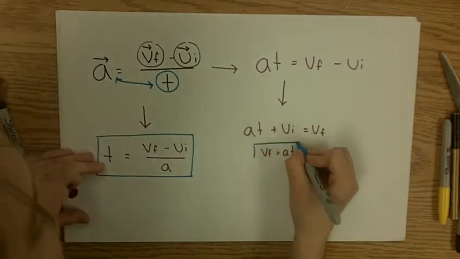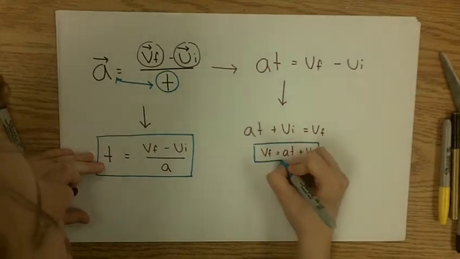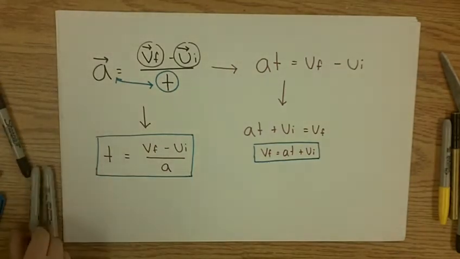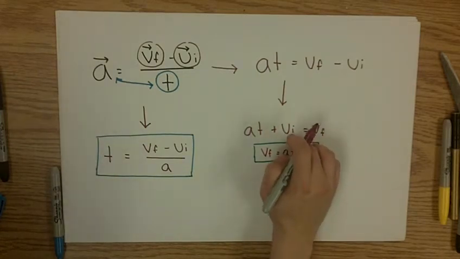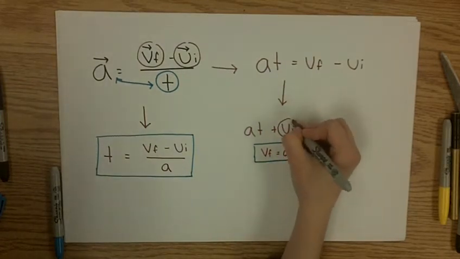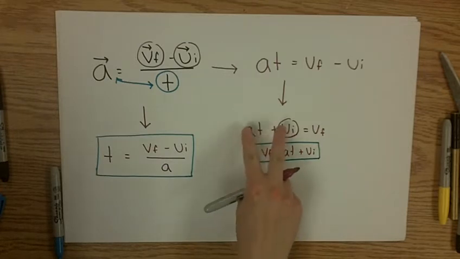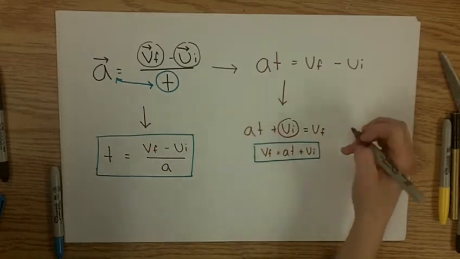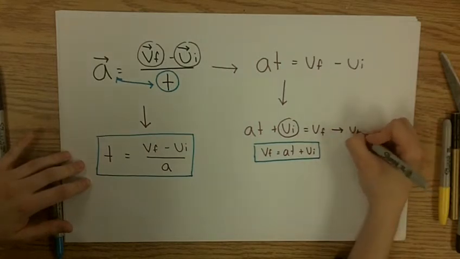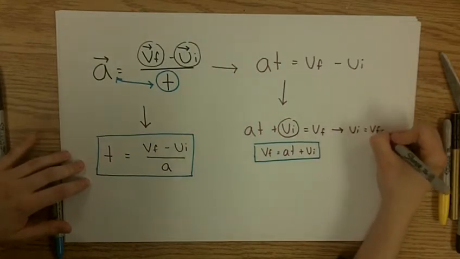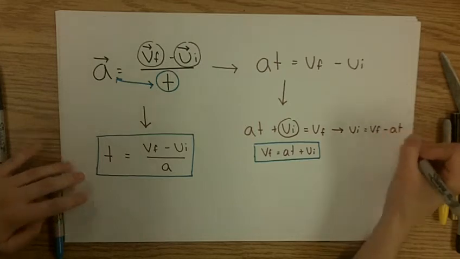So here's the formula if I'm looking for vf. I can use this intermediate formula we created, though, to find vi. So I'm looking for vi. I move at away. The opposite of adding at is subtracting. So now we have vi equals vf minus at.